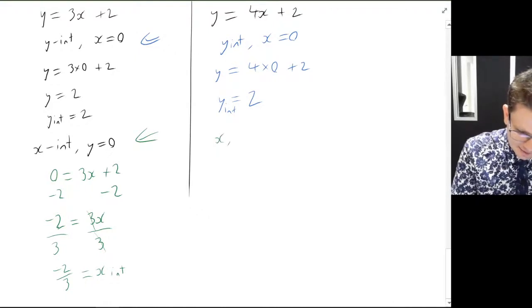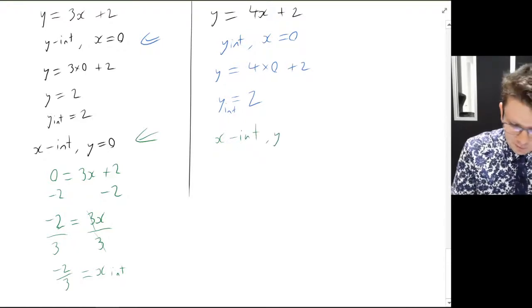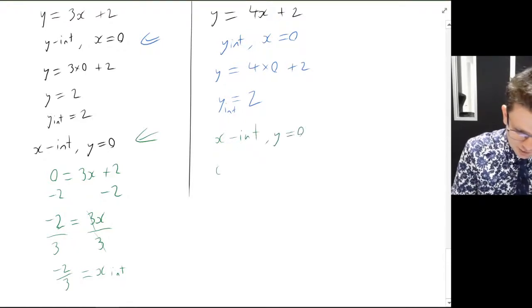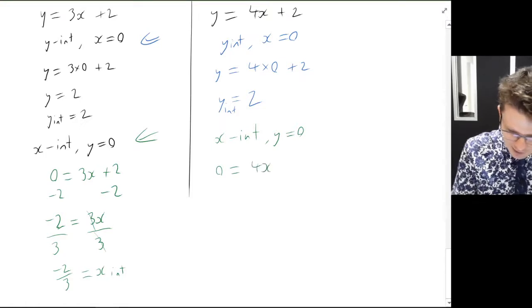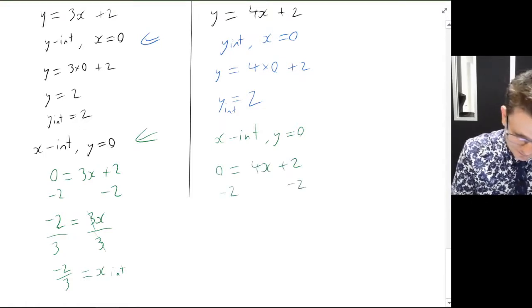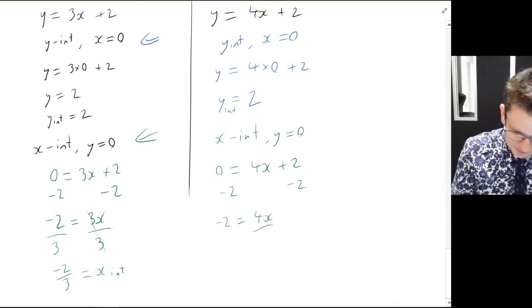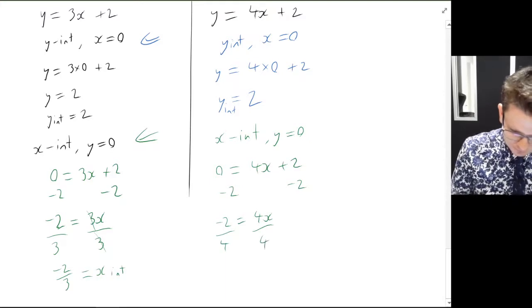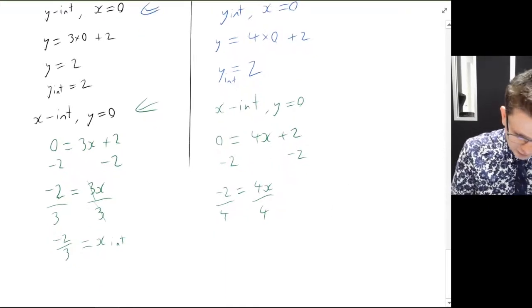Well, my x-intercept is when y equals 0. So 0 is equal to 4x plus 2. Take 2 off both sides like before. Minus 2 equals 4x. Divide both sides by 4. And you're left with negative 1/2 is equal to x.